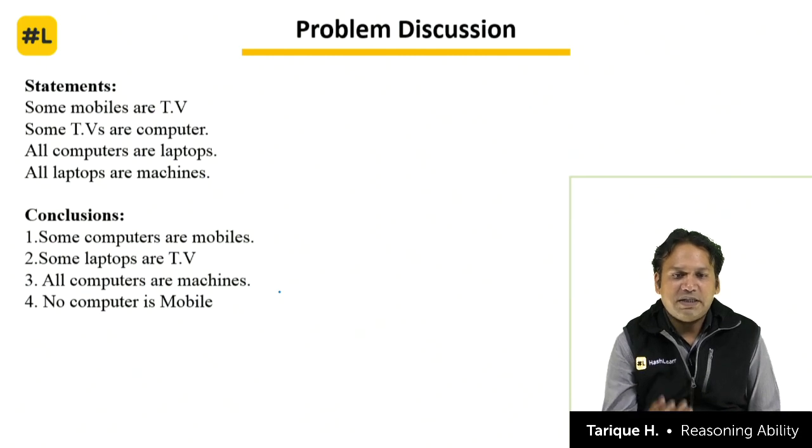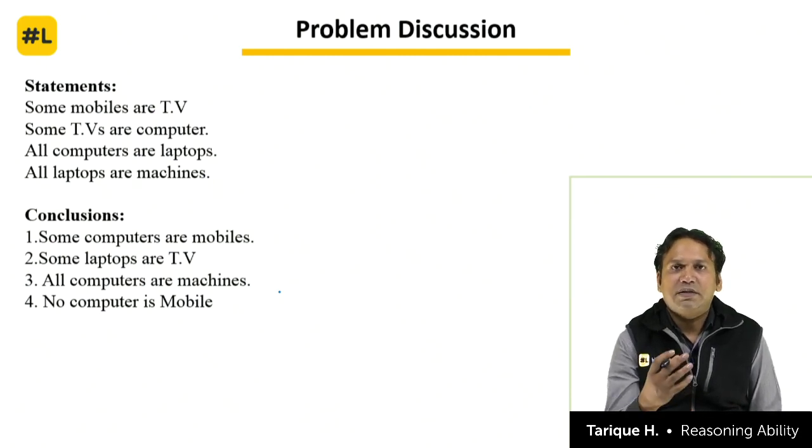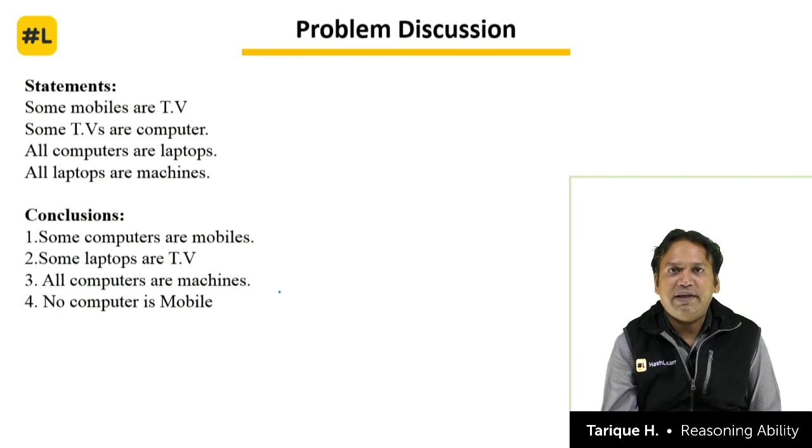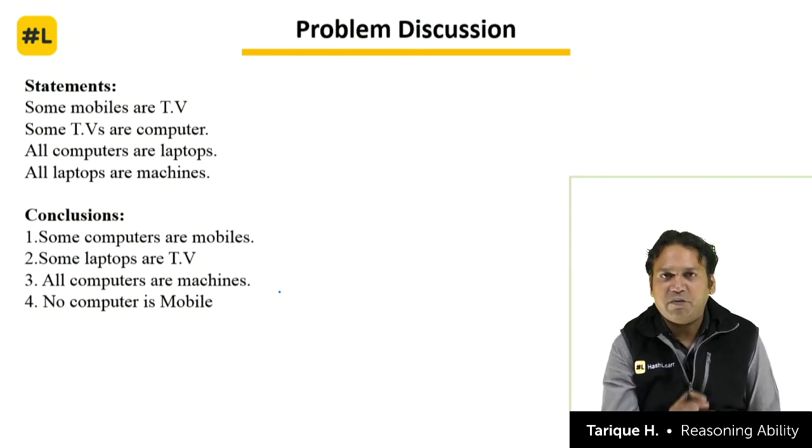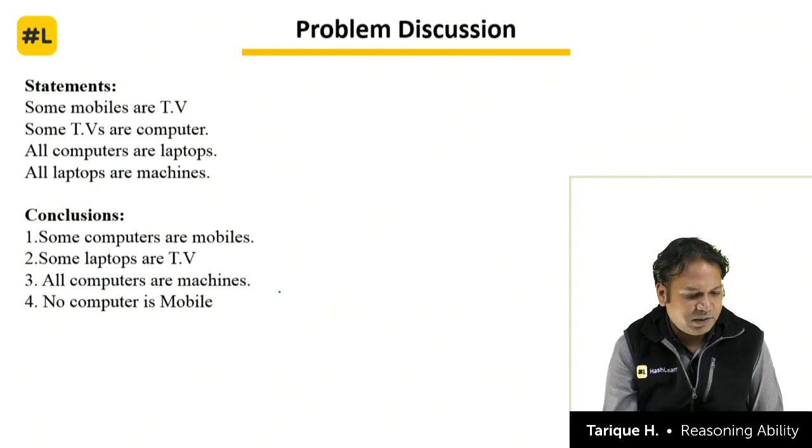Now we have discussed in detail the Venn diagram for each of the categorical propositions, and I have also shown you in this video how to make Venn diagrams for these kinds of statements.